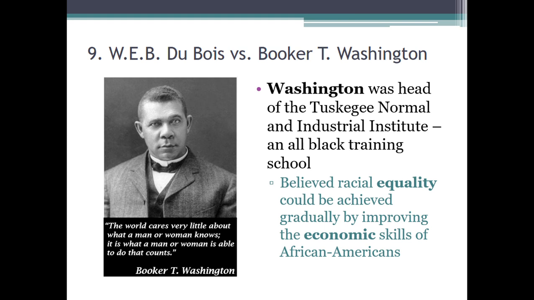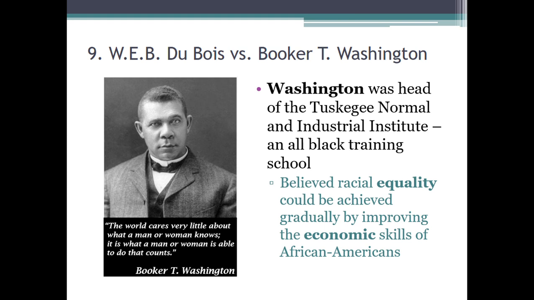And he believed equality could be achieved by improving economic skills. He was somebody that said, if you look at this quote, the world cares very little about what a man or a woman knows. It is what a man or a woman is able to do that counts. So he focused on giving people job skills, training.